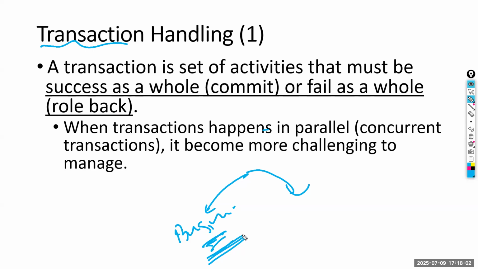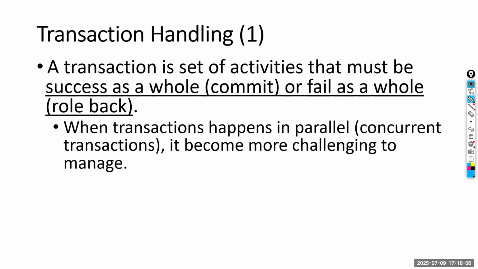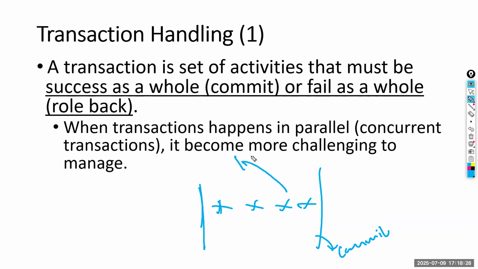But in databases or database management systems, what is meant by transaction? So we are a little bit more serious now. A transaction is a set of activities that must succeed as a whole, we say it's committed, or fail as a whole.